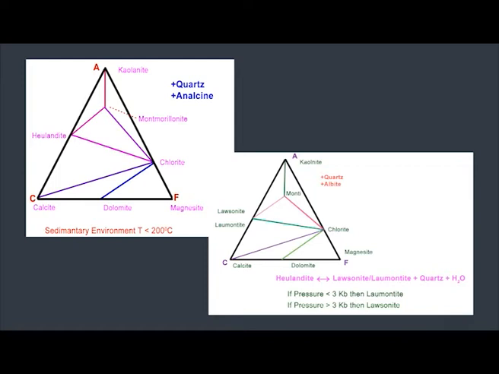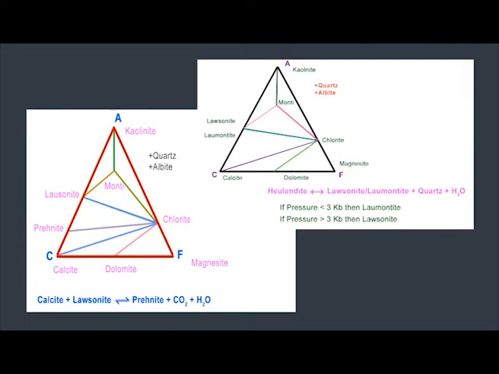Crawford and Fyfe 1965, Nitsch 1971, Liou 1971. Thus, heulandite forms lawsonite instead of laumontite when the pressure exceeds 3 kilobar at slightly higher temperature than 200 degrees centigrade. For the reactions 1 and 2, prehnite is formed via reaction number 4.